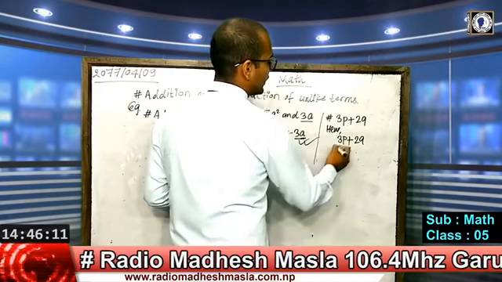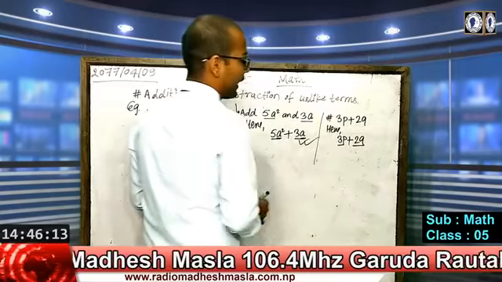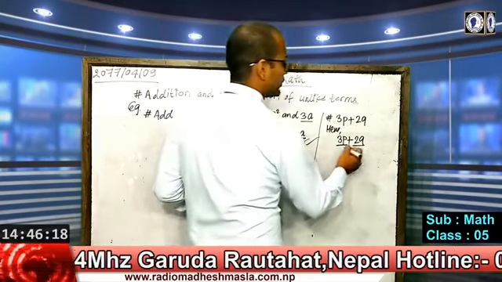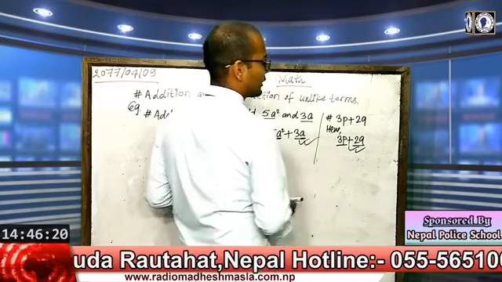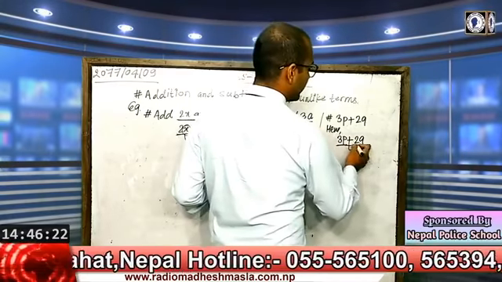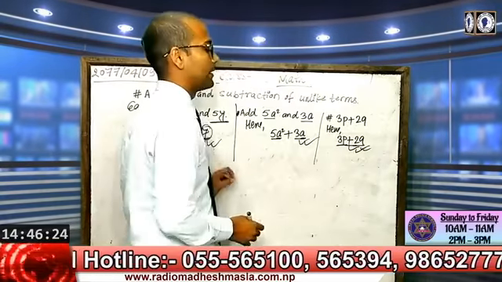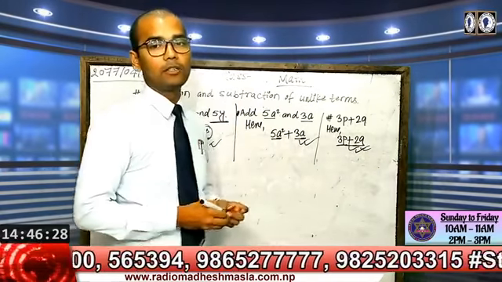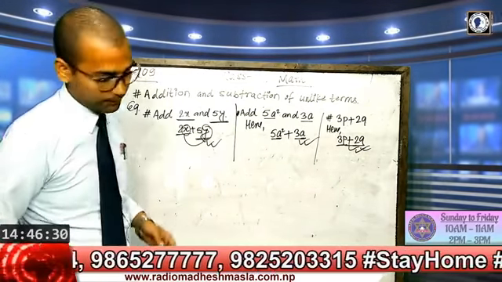So 3p plus 2q, and because they are unlike terms, we should leave the expressions as found here. So our answer is what? 3p plus 2q, because they are unlike terms.